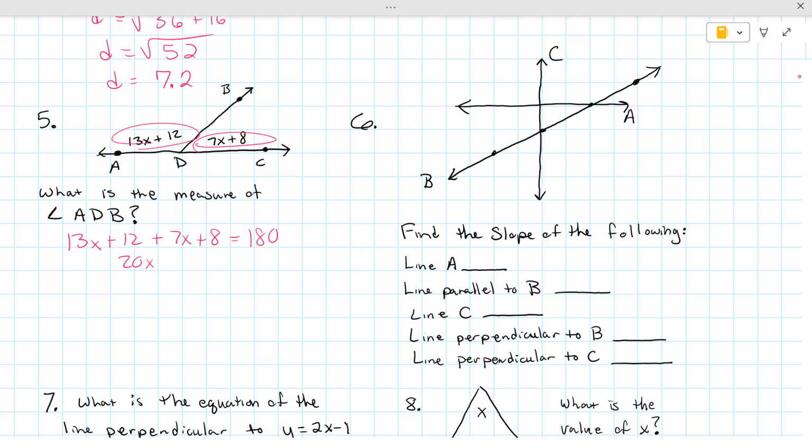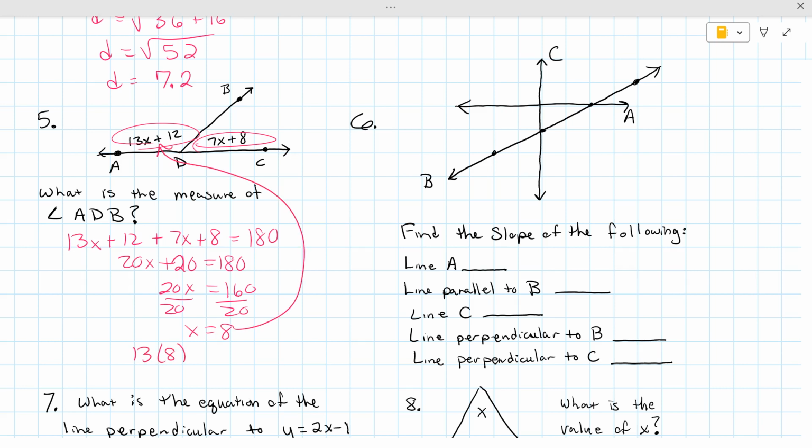So 20x plus 20 equals 180, so 20x equals 160. Divide by 20. X equals 8. Stick 8 in there.